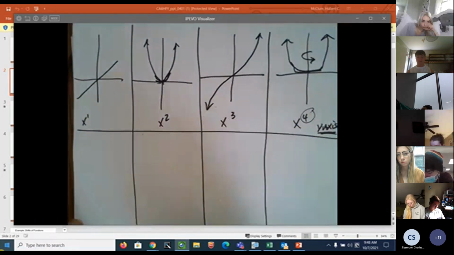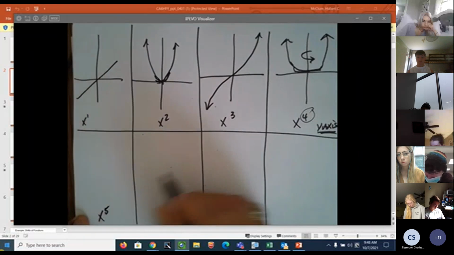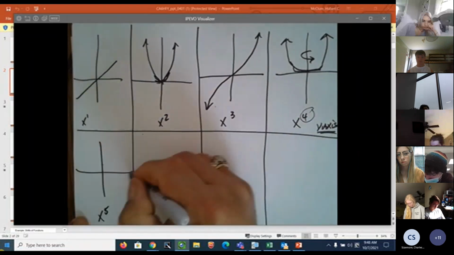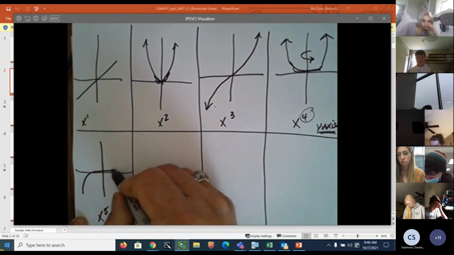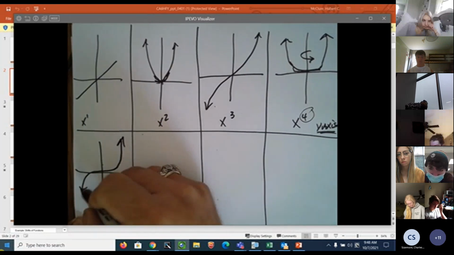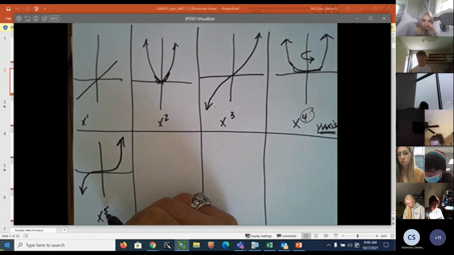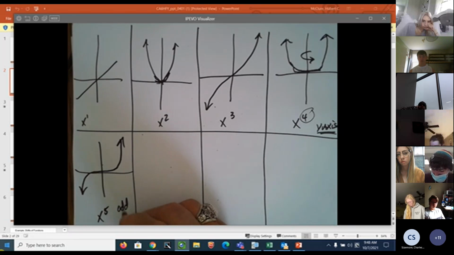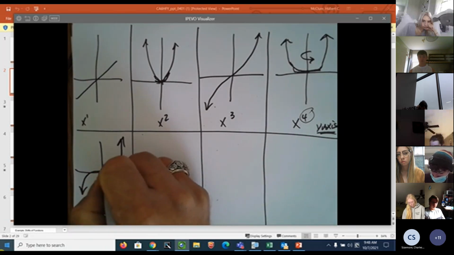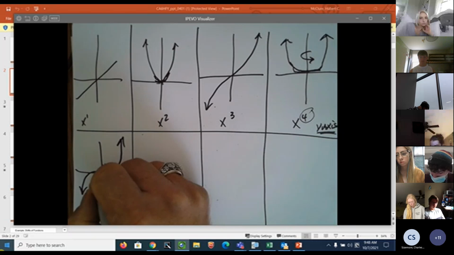X to the fifth, which is a continuation of the odd functions, starts to square off like this as the exponent goes higher and higher. And this is an odd function, so it is symmetrical around the origin.